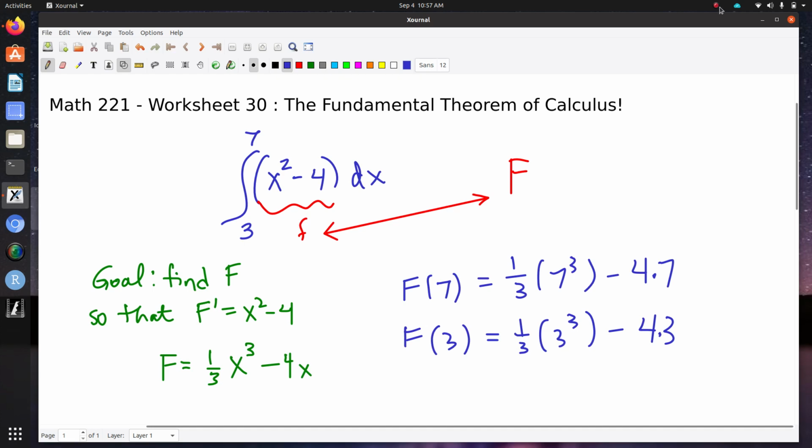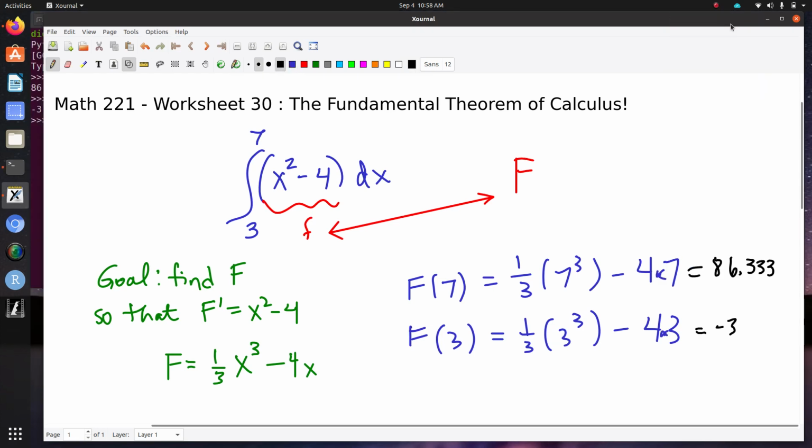So let me just calculate that. Okay, and remember, you are subtracting the -3. So think of it this way. This is saying you started at mile marker -3 and you ended at mile marker 86.3333. So if that's the case, then the total distance traveled is going to be 3 plus 86.333, or 89.3333 is your total distance traveled.